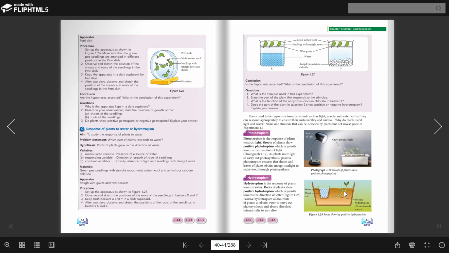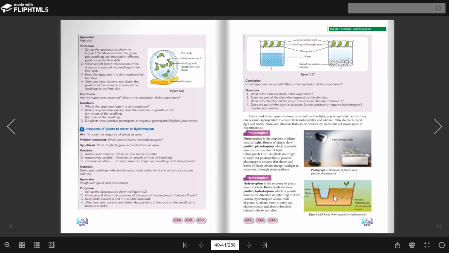Maybe some of you will ask me, teacher, can it be negative hydrotropism? Yes, it can be. For example, if the root grows away, in the direction opposite to the water, it means that it has negative hydrotropism.